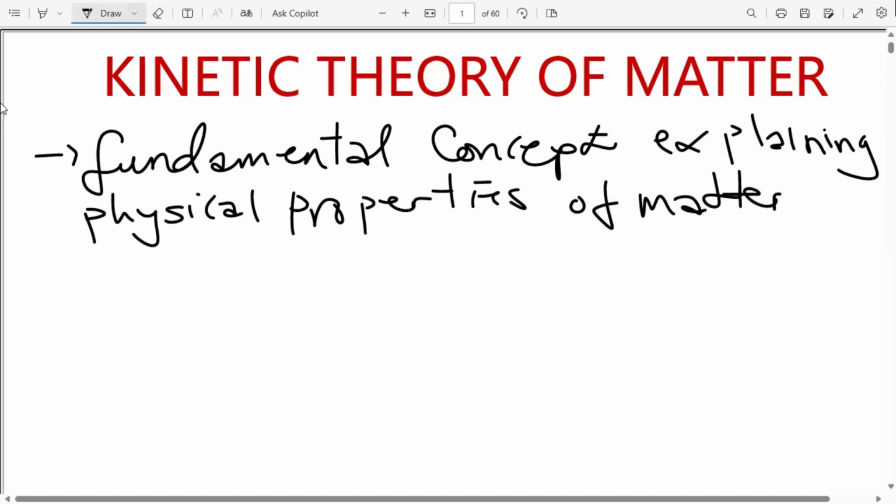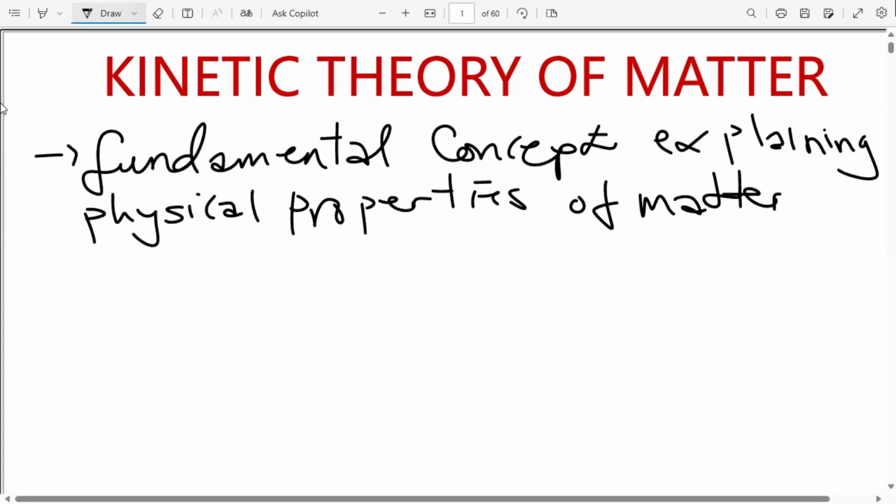These physical properties that we're talking about, when we are talking about the kinetic theory of matter, we're basically relating them to the motion of its constituent particles. This whole idea is built around the principle that matter is actually composed of tiny particles, which we already talked about, such as atoms, molecules, and ions. We also mentioned that these particles are found in constant random motion.